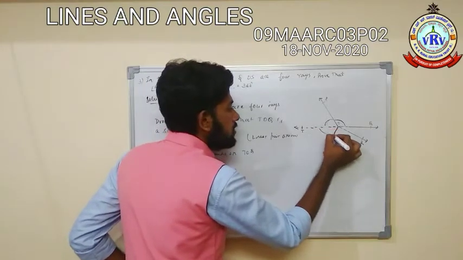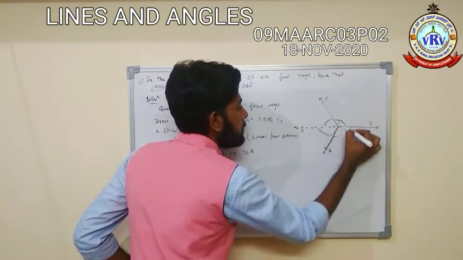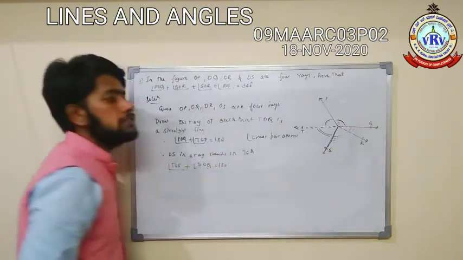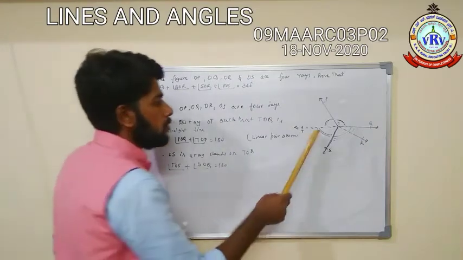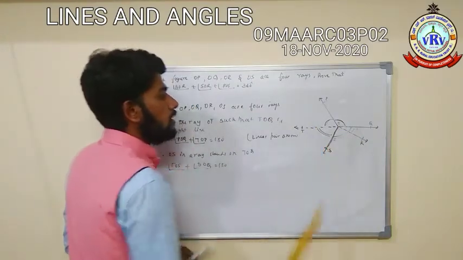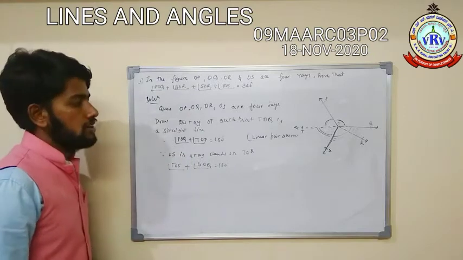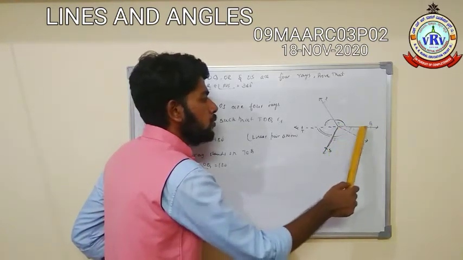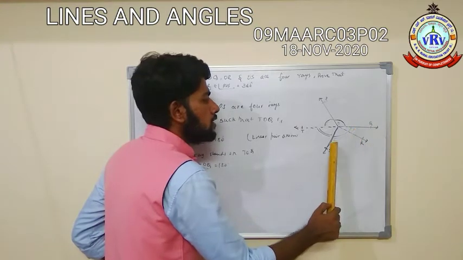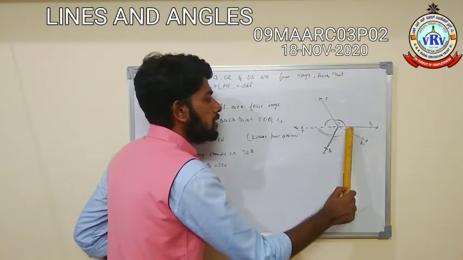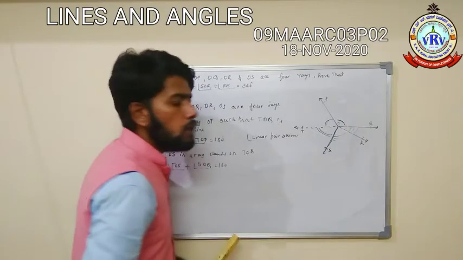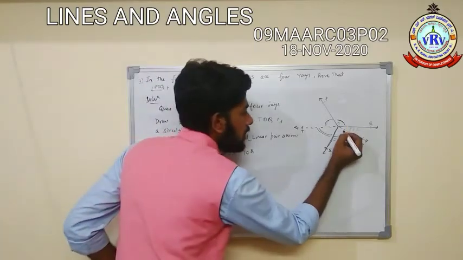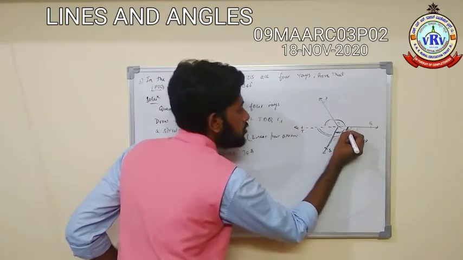So this angle plus this angle is equal to 180 degrees because this is a straight line. OS is a ray standing on a straight line. And you know, SOQ is the sum of angle SOR plus angle ROQ, right? The whole angle is the sum of these two angles.